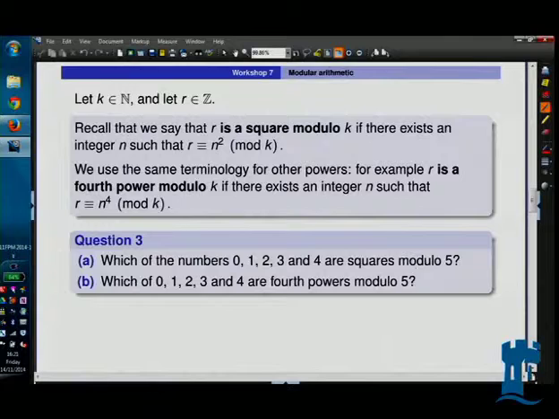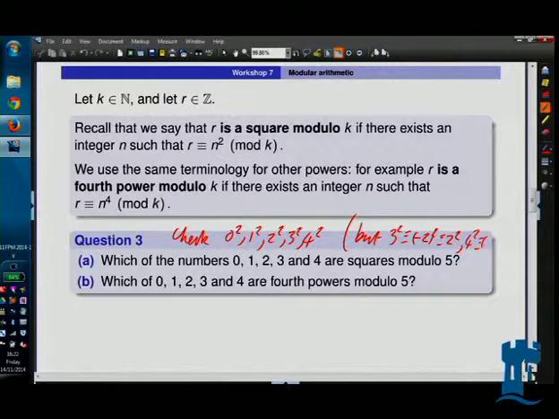So we're going to check 0 squared, 1 squared, 2 squared, 3 squared, and 4 squared, but 3 squared is congruent to minus 2 squared is congruent to 2 squared, so that's a repeat, and 4 squared is congruent to minus 1 squared, which is congruent to 1 squared.